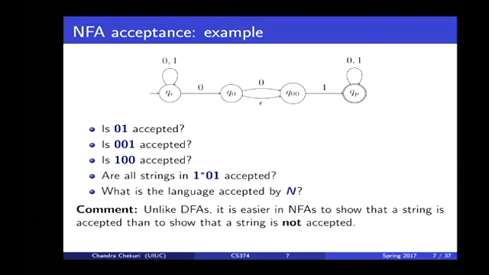Now, what I can do is say, look, this is the reason the string is accepted, because let me show you a path in the machine. On this string, I am showing you one way to get from the start state to the accepting state. There could be many, but to convince you, I can just show you one way of getting to the accepting state. But how can I convince you that a string is not accepted?